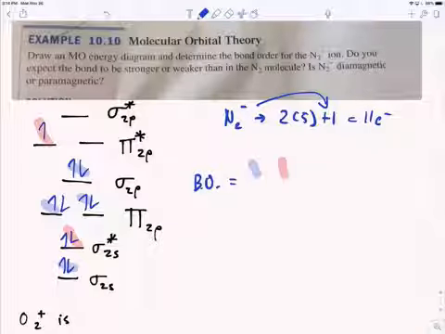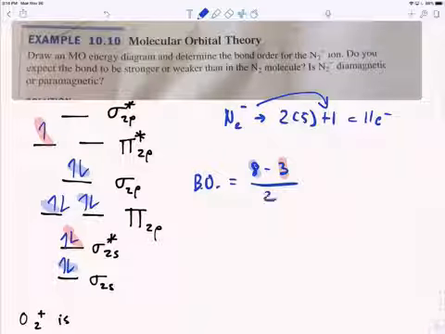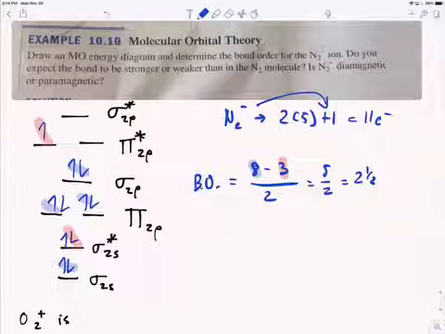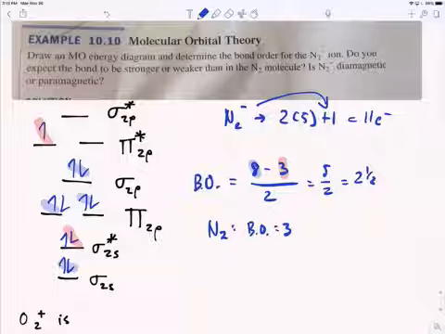So there's 8 bonding minus 3 anti-bonding divided by 2, which is 5 halves, which is 2.5. And N2 has a bond order of 3. You already know this from Lewis theory, that nitrogen has a triple bond.